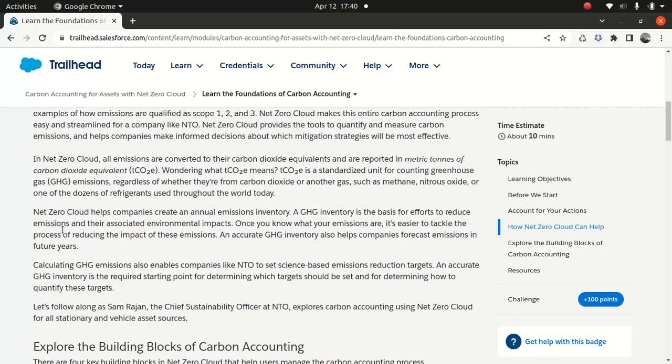Which is great. Now, if you've been following along, I presume you will understand when I mention what is scope one, what is scope two, right? Or carbon footprint or emission. So what greenhouse emissions, these kind of things. I hope by now you have a fairly decent understanding.